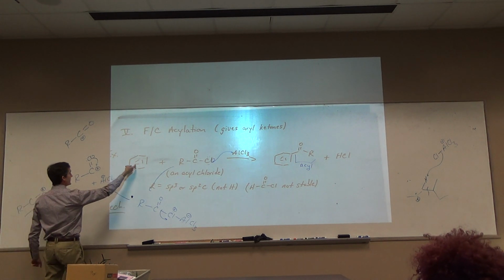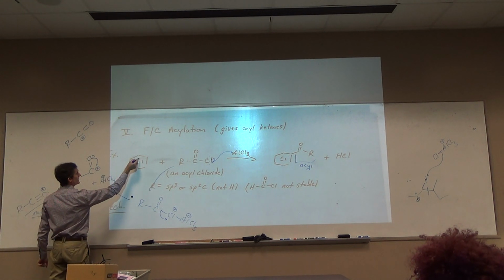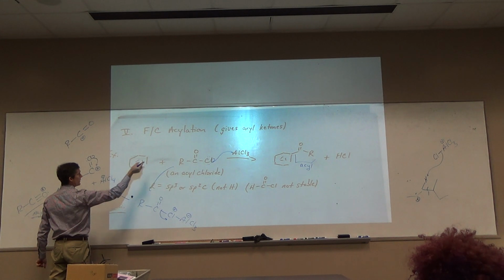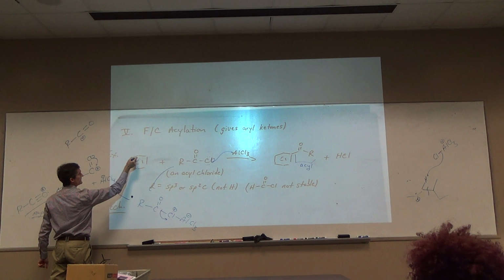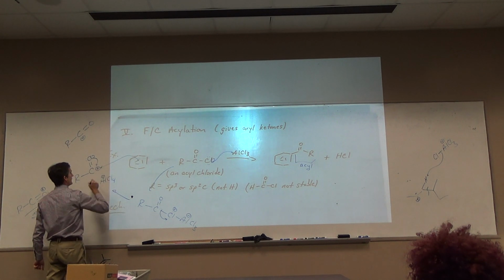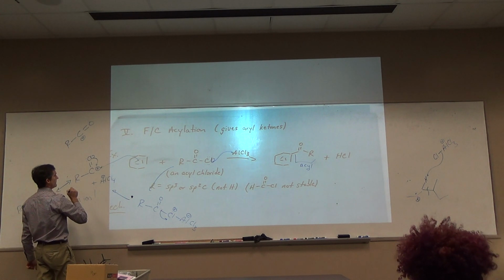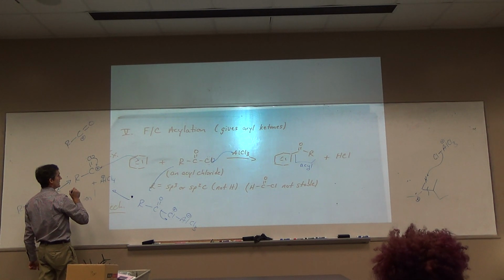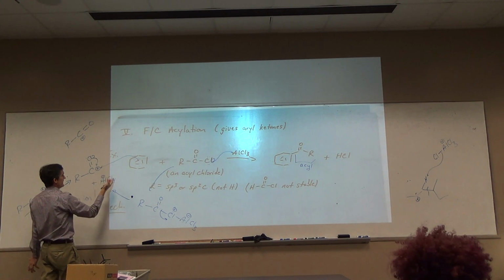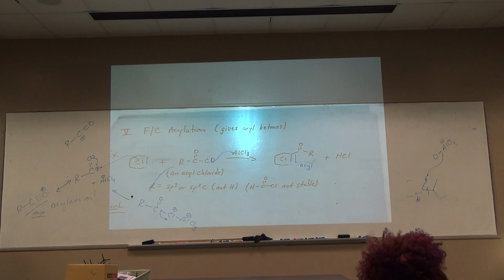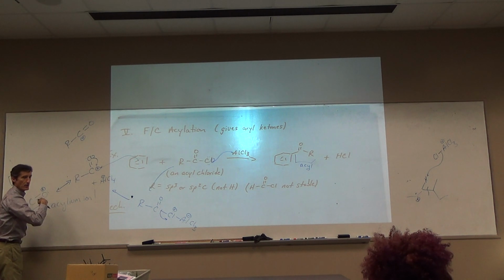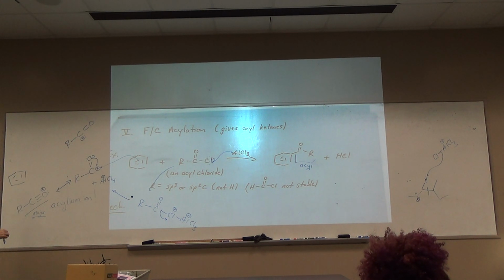Well, guess what? The ring then attacks the acylium ion. Same old mechanism. You have to set this up and get your pi bond right, and then you can attack. When you attack, you don't have to do anything. Of course, the true structure is a blend. You're always going to attack the carbon.